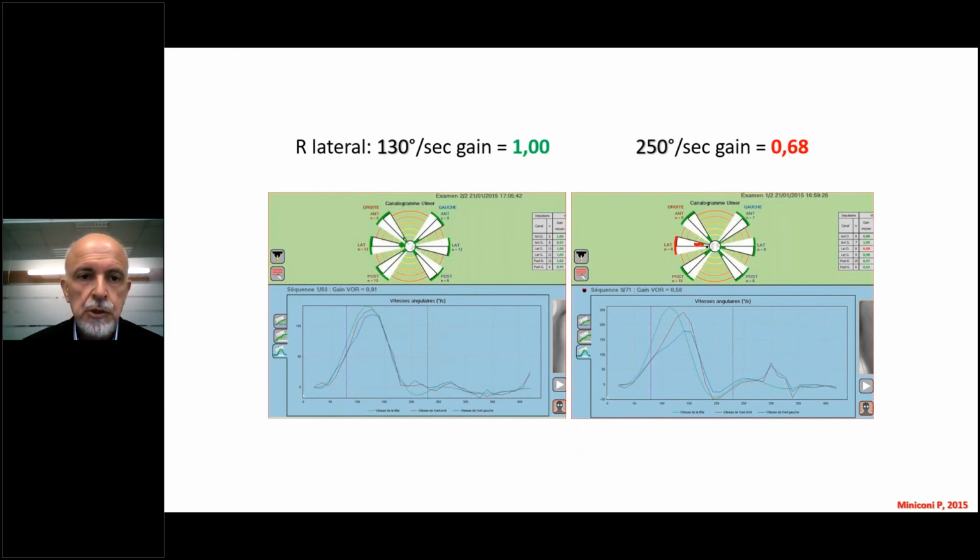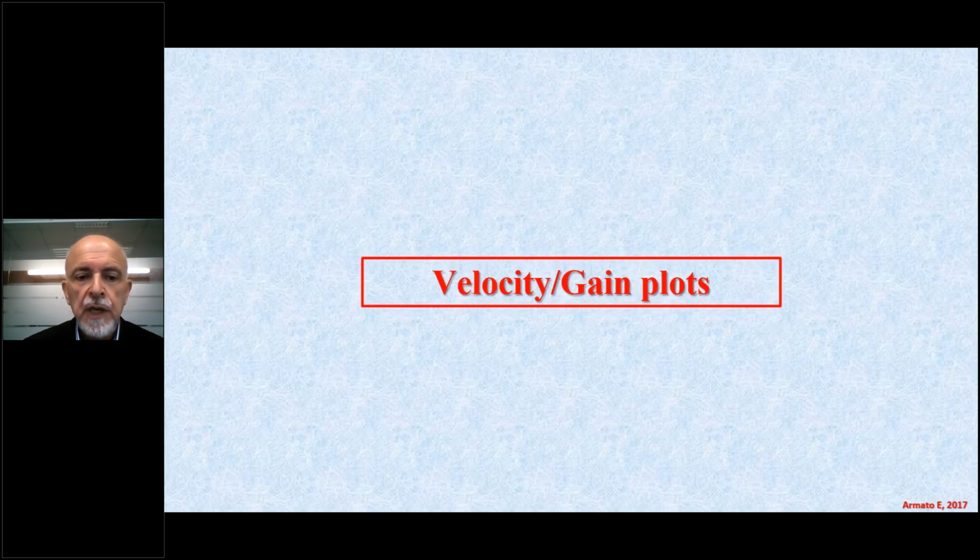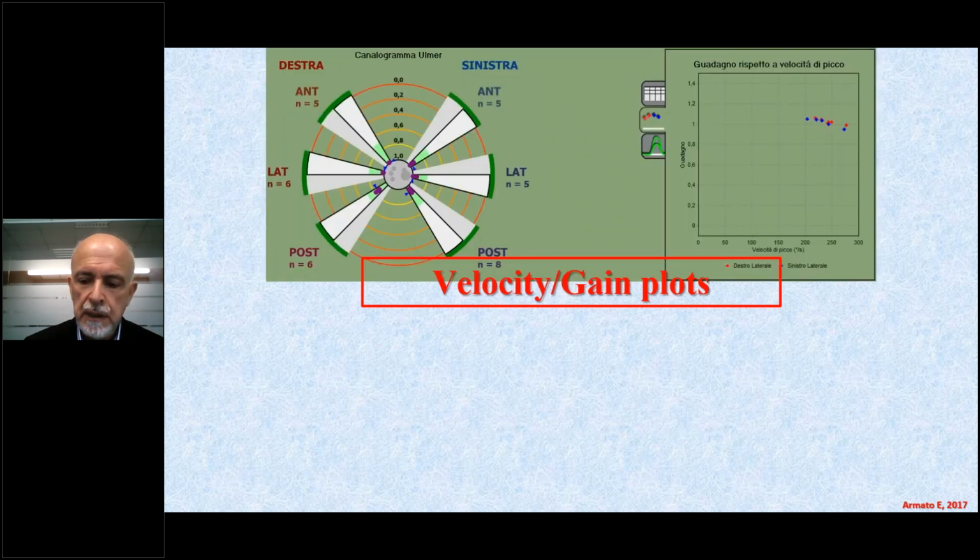This patient had a right intracanal neurinoma. With the VHIT, we have the possibility to build up a velocity gain plot. Here, in a normal subject, you can see that for velocity greater than 200 degrees per second, the gain remains about 1.